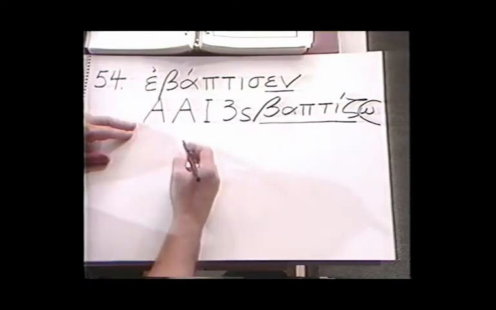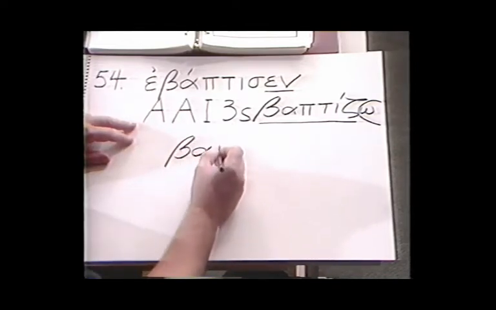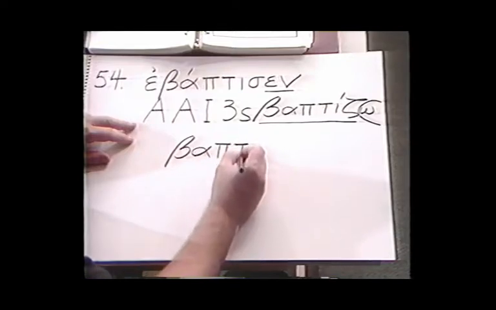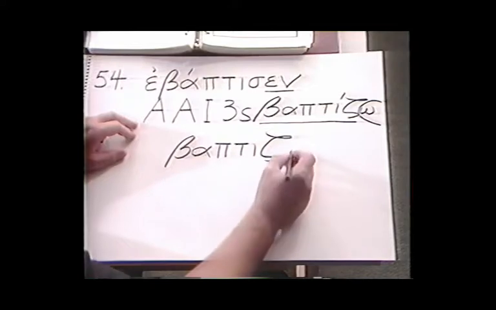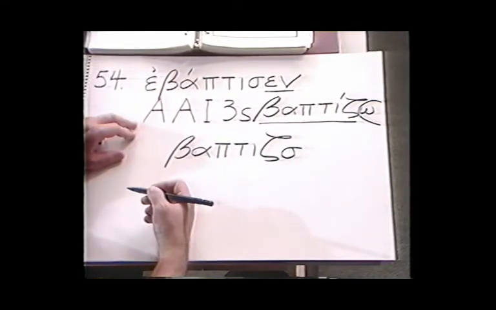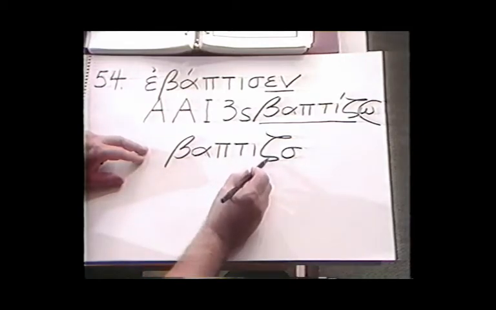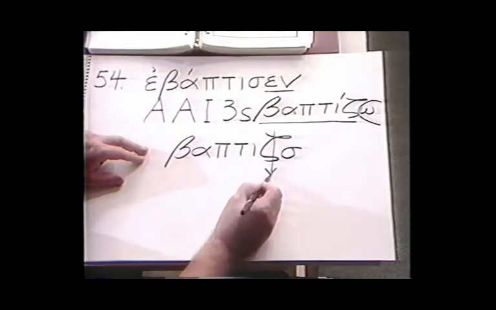Well, what has happened is that if you take the present tense stem, baptid, and if we insert a sigma tense indicator, what will happen is that the zeta followed by sigma disappears. It elides.